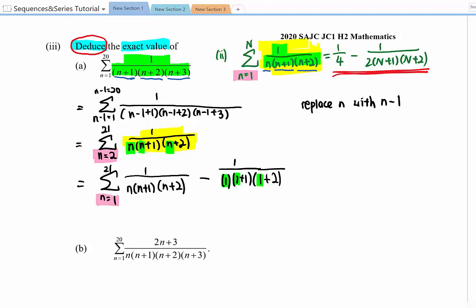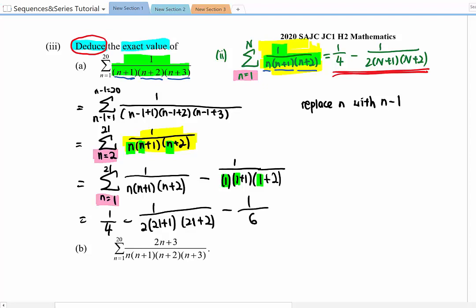Okay, so then now we can safely use our part 2's result and rewrite the series to become 1/4 minus, okay, the upper limit now is 21, so we can just replace capital N with 21, 21 plus 2 minus 1 over 6. Okay, and then our final result would be 125 over 1518.